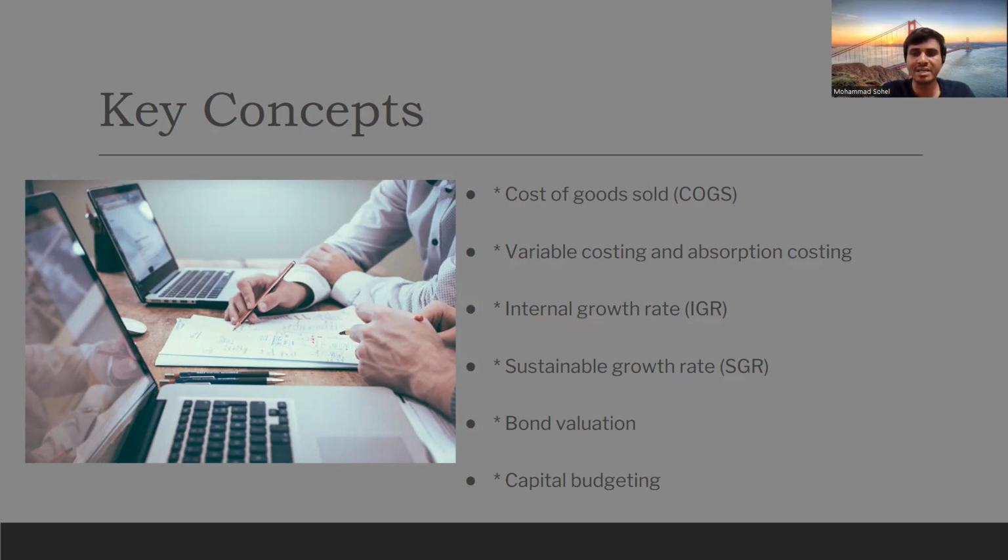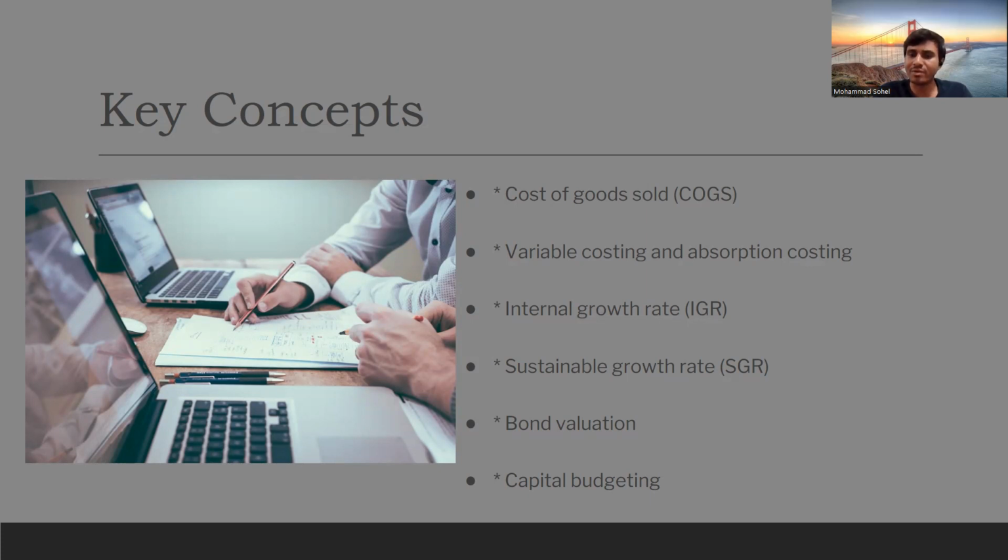I use IGR and SGR data to help me make decisions about capital budgeting. For example, if I know that a project's return on investment is greater than the company's IGR, I can approve the project. However, if the ROI is less than the company's SGR, I will need to find a way to finance the project before I can approve it.